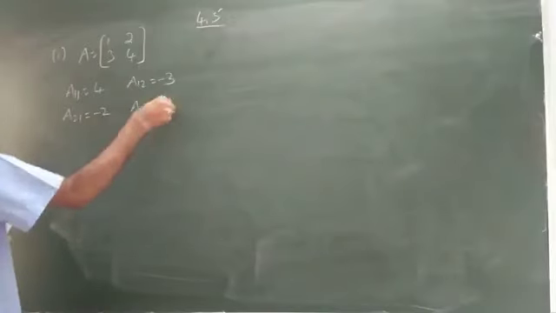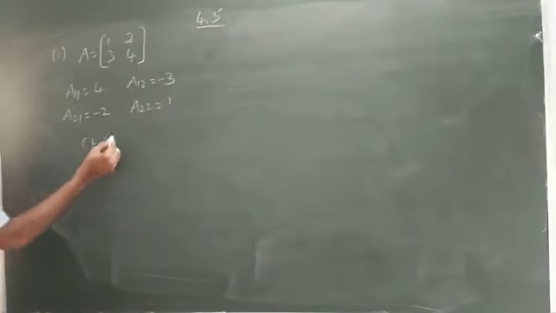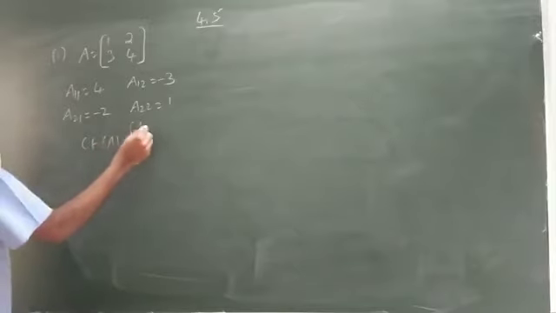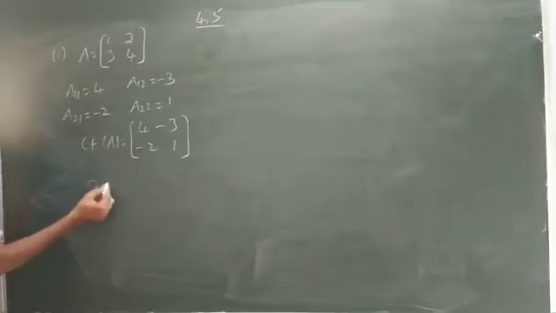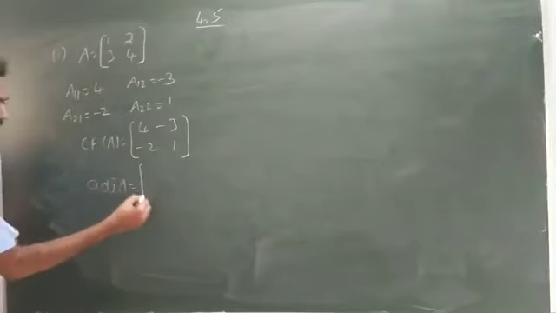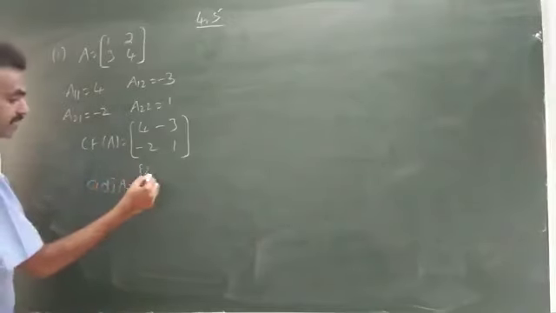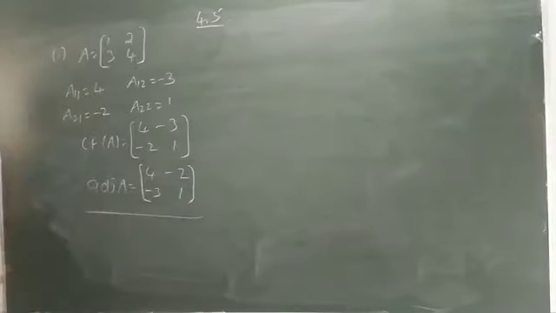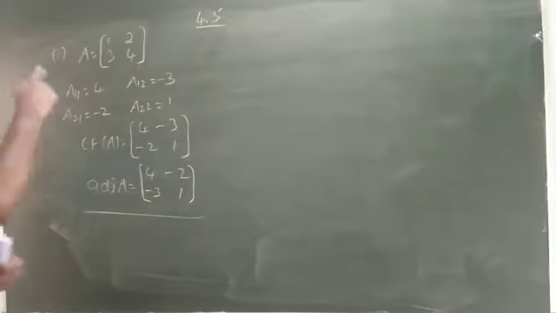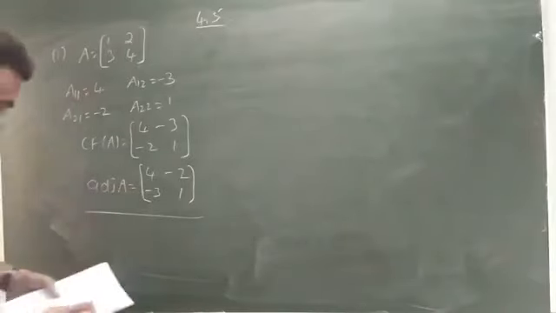A22, cofactor of 4, is 1. What is the cofactor matrix of A now? 4, minus 3, minus 2, 1. What is the adjoint of the square matrix? It is the transpose of the matrix of cofactors. Hence 4, minus 2, minus 3, 1. I think you have understood how to find the adjoint: interchange the diagonal elements, change the signs of the other elements.